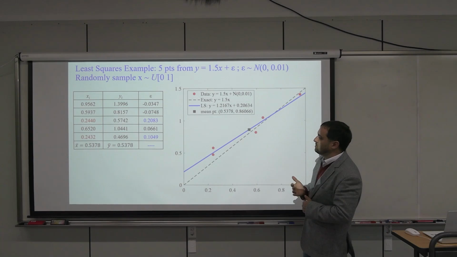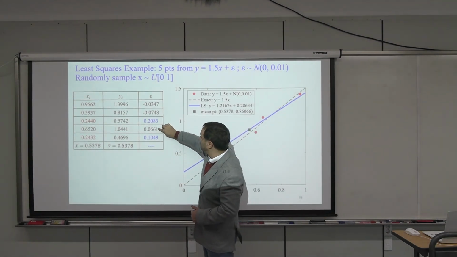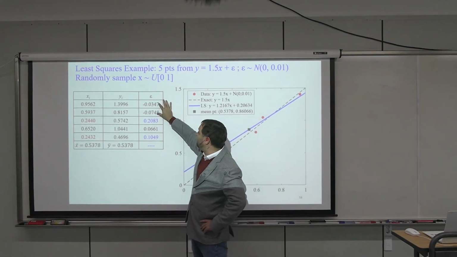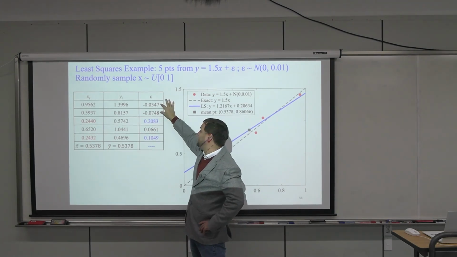And so in this particular data set, it's a small data set, 5 points. We have 1, 2, 3 data points with a positive noise component, and we have 2 data points where the random noise happens to be negative.